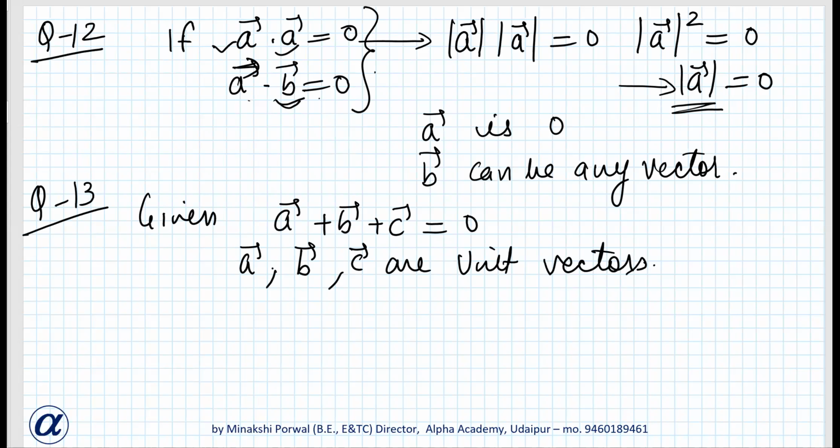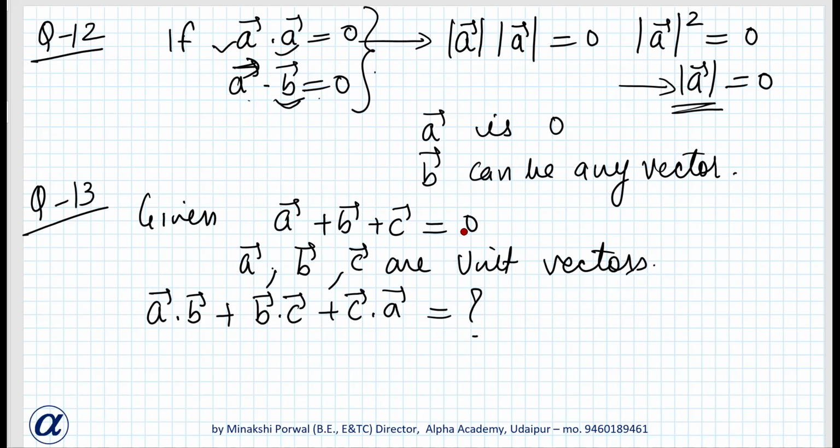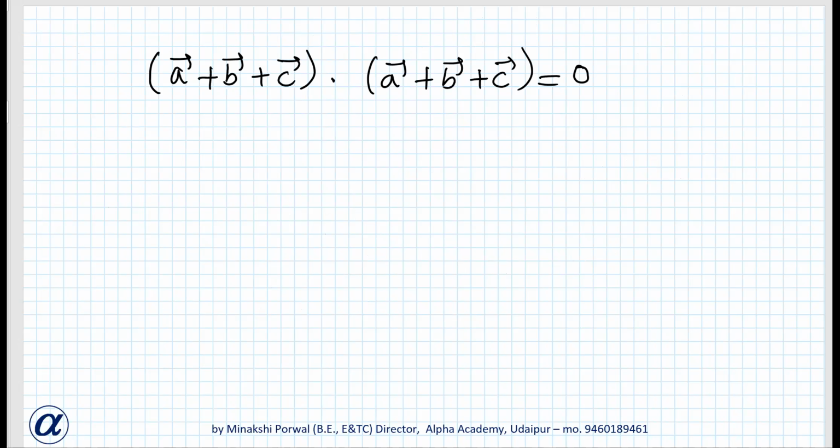Now we have to find the value of A dot B plus B dot C plus C dot A. So A plus B plus C dot A plus B plus C will be equal to 0, because it is given that A plus B plus C is 0. So their dot product with itself will also be 0.